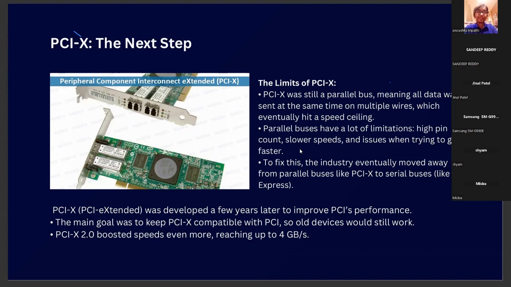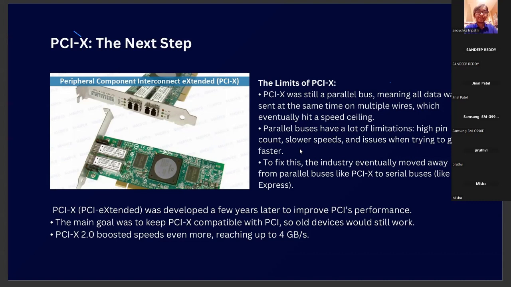The goal of PCI-X was to improve performance while maintaining compatibility with PCI. This means that older PCI devices would still work with PCI-X systems. PCI-X 2.0 took things even further, reaching speeds of up to 4 gigabytes per second.